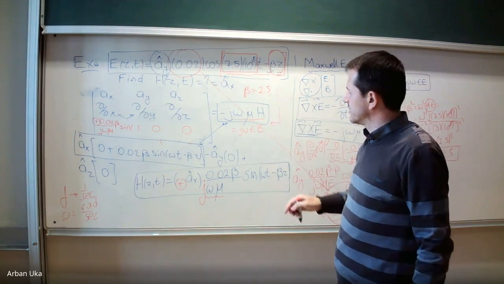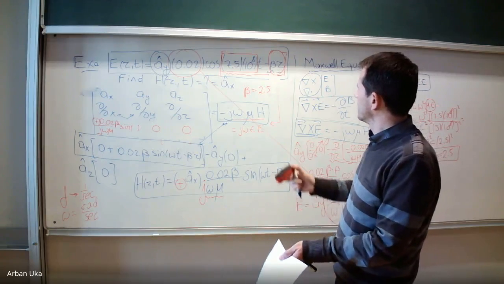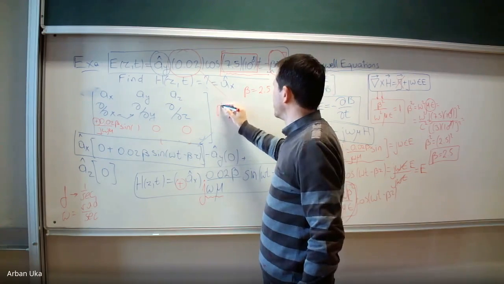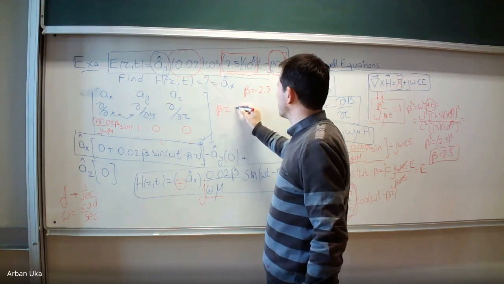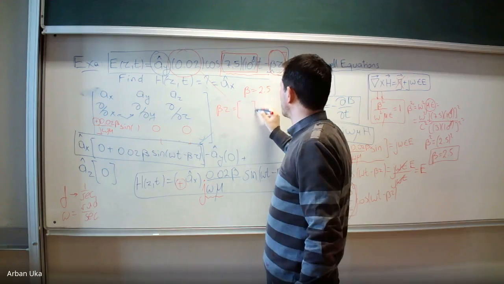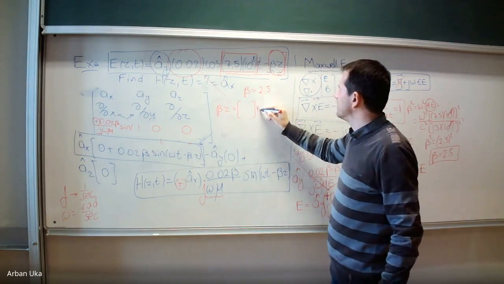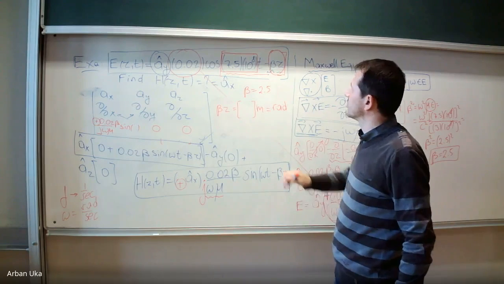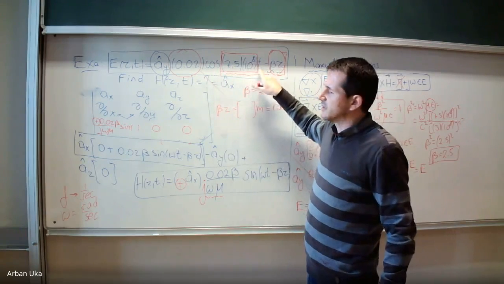What is the unit of z? Meters. Well, let's have a look here for a moment. Beta z is equal to some units we don't know times meters, and this should be equal to radian, because we take the cosine of radians.